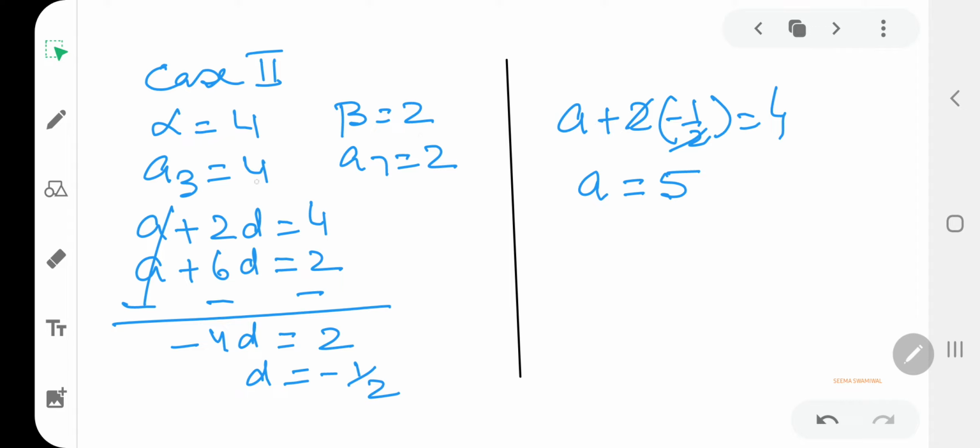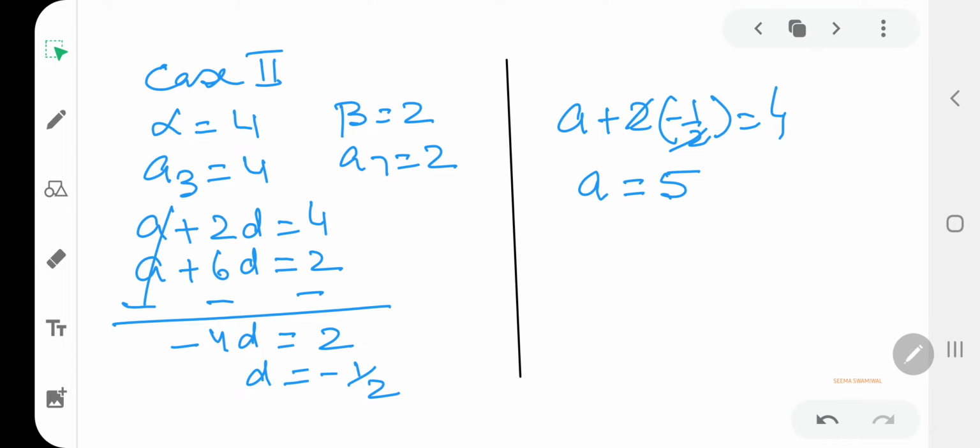So a3 is equal to 4 and a7 is equal to 2. So a plus 2d is equal to 4 and a plus 6d is equal to 2. When you eliminate, you will get that d is equal to minus half, and when you put the value of d in the first equation, you will get that a is equal to 5.